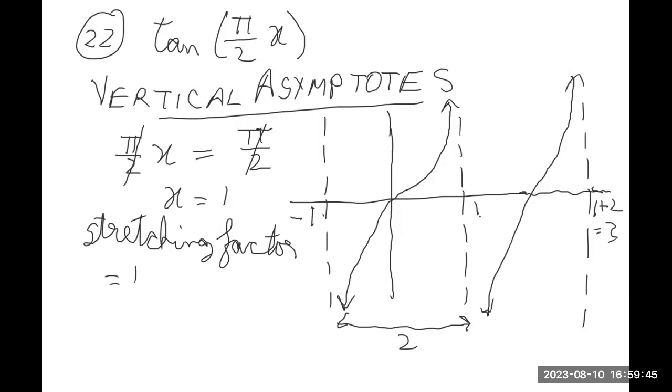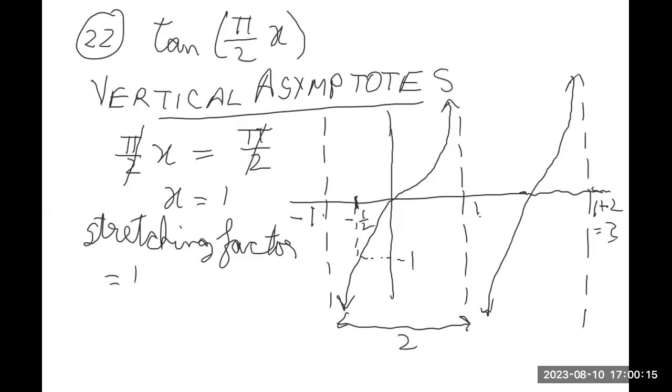At the quarter point between 2 successive vertical asymptotes, which would be here, at -1/2, the y coordinate of the graph would be the negative of the stretching factor, so -1.